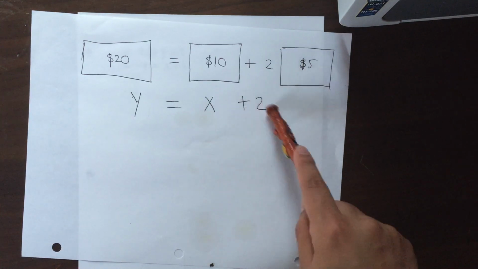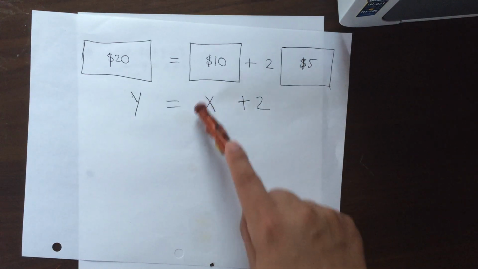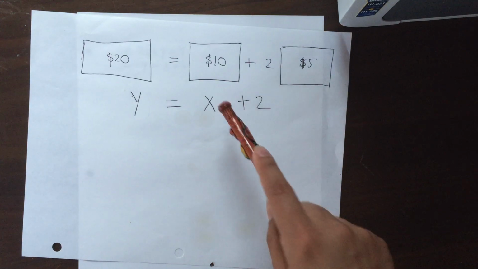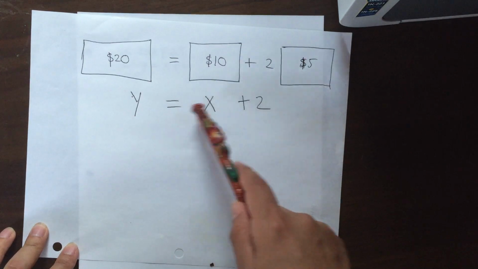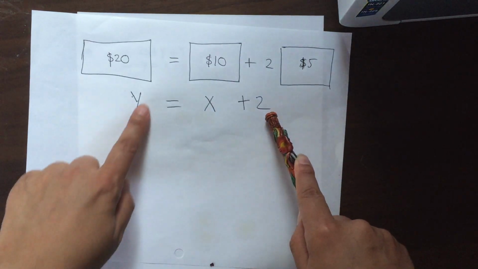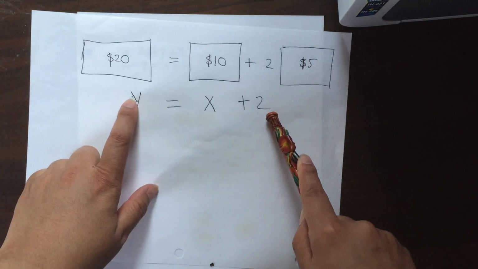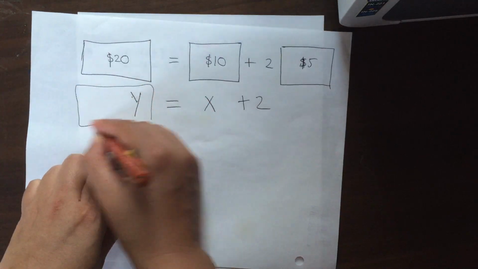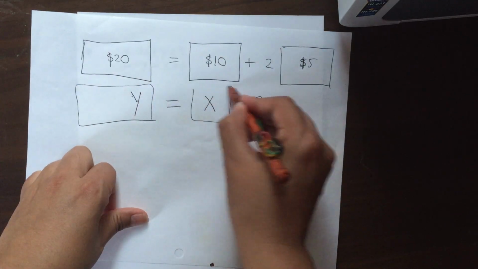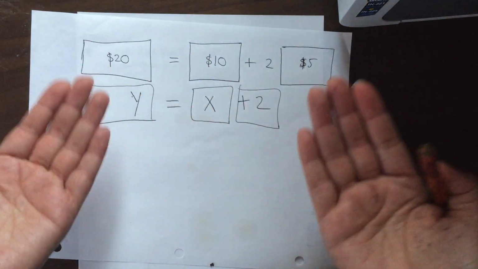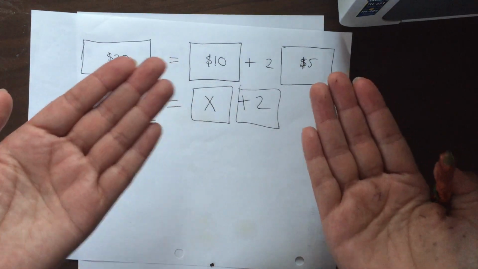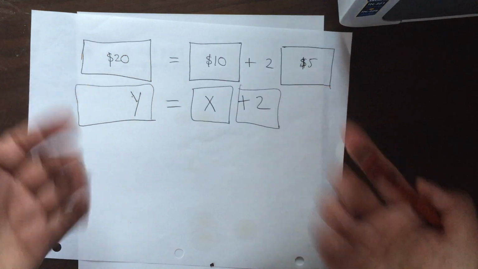Or for that matter, it can be different ones, because remember that the value for this one changes. So again, if we have y equals x plus 2, the value of y is exactly the same as having x plus 2, okay? It's the same amount. That's what this equal means, that they are the same, okay?